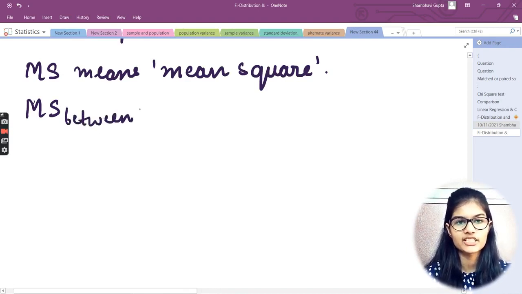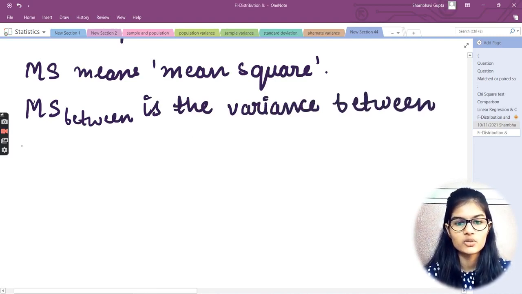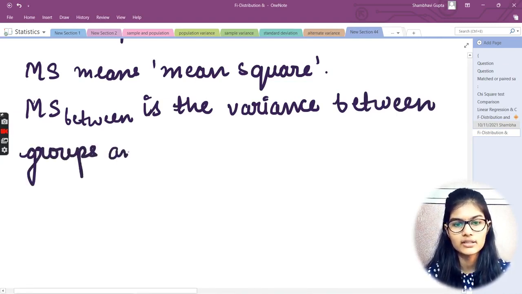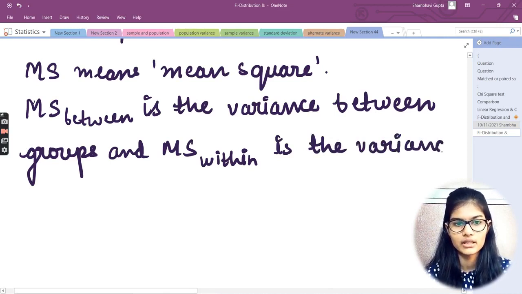So MS between is the variance between groups, and MS within is the variance within the groups.